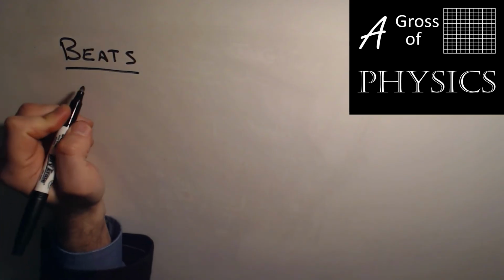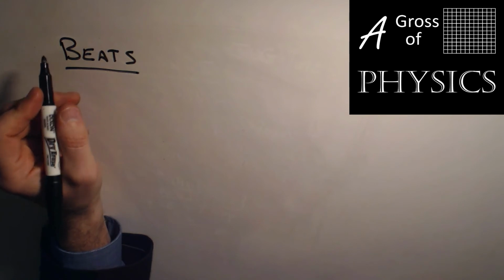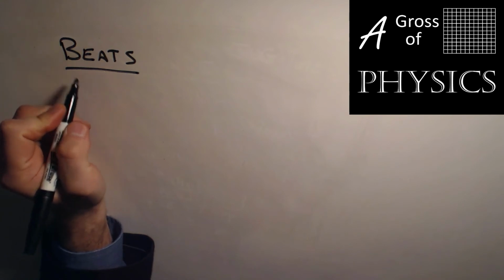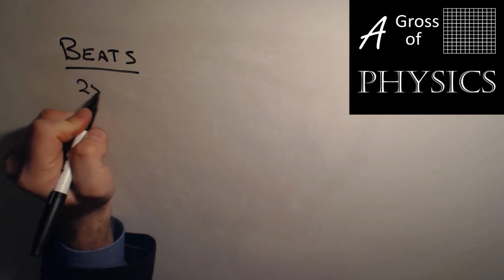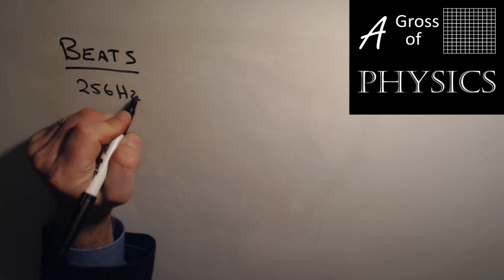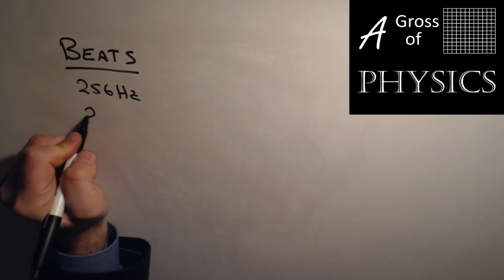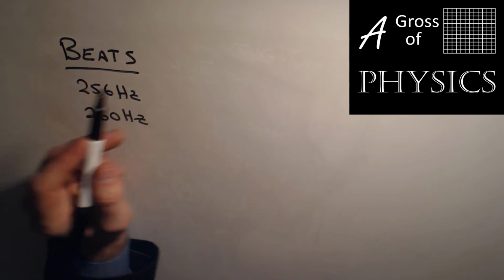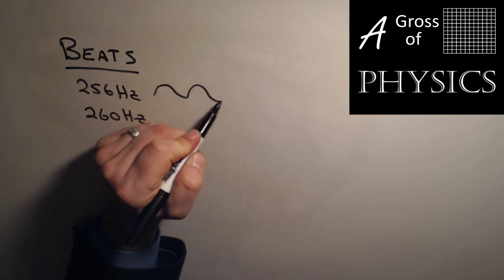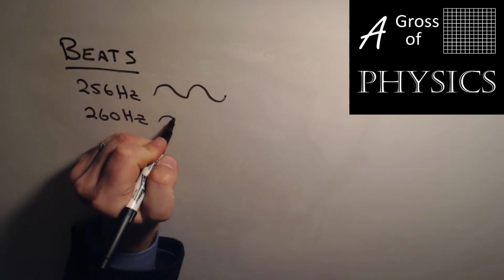All right, beats occur when waves are very close to the same frequency, but not exact. So what you're going to hear is if you have a 256 hertz and let's say 260 hertz, when those frequencies collide, they're going to be slightly off.